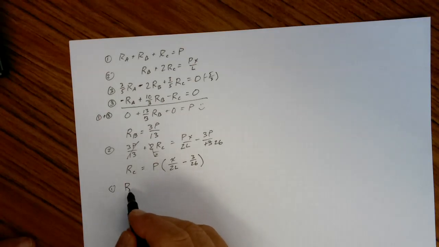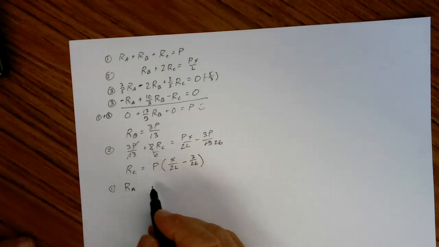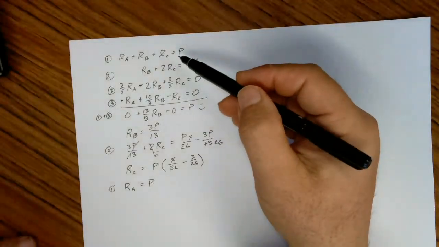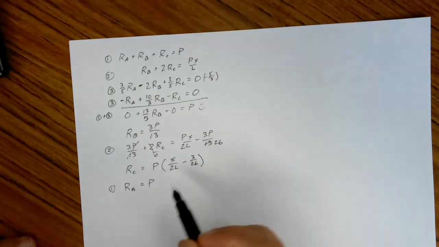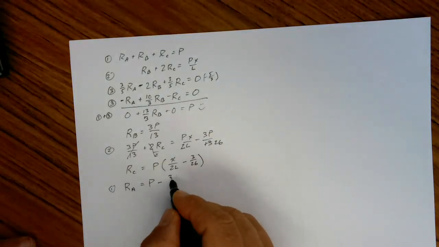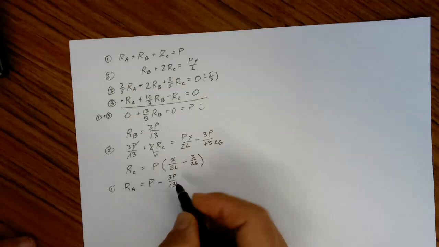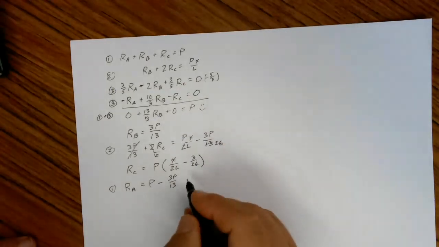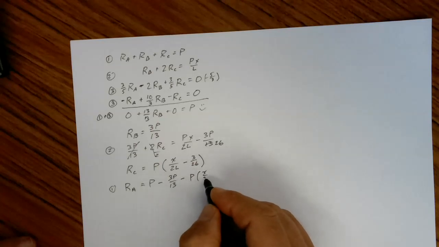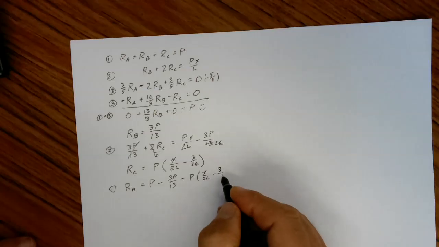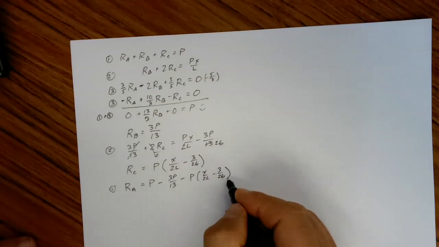This is RA, and let me say it's equal to P. We're going to subtract RB and RC off of P: minus 3P over 13, minus P times X over 2L minus 3 over 26.